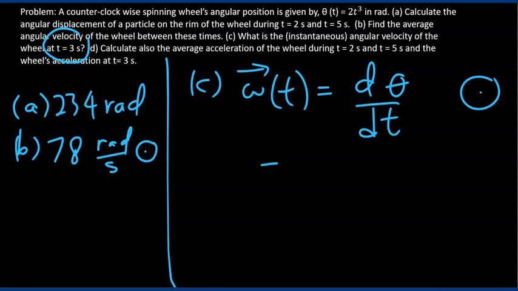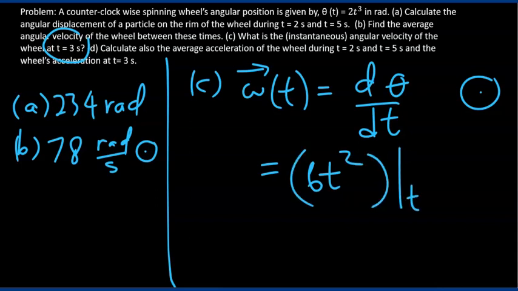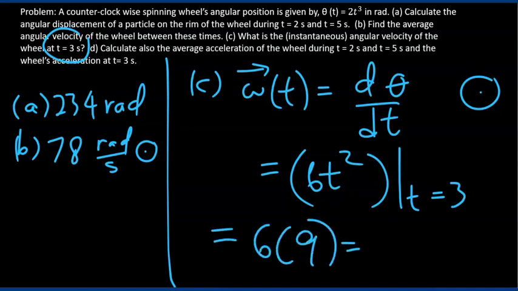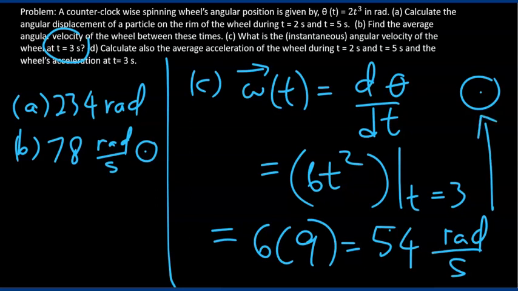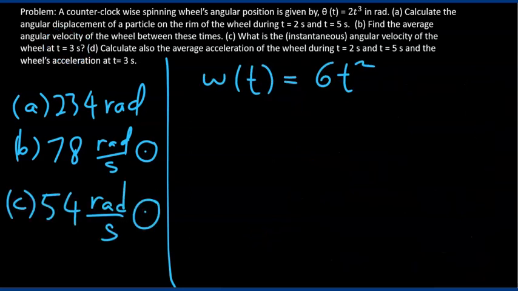The derivative of theta with respect to t is 6t squared, and that is evaluated at t equals 3. That's going to give you 6 times 9, which is 54 radian per second in the direction out of the plane.